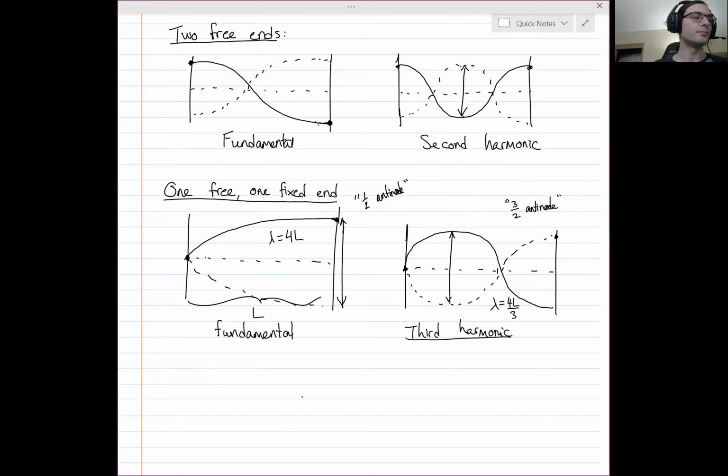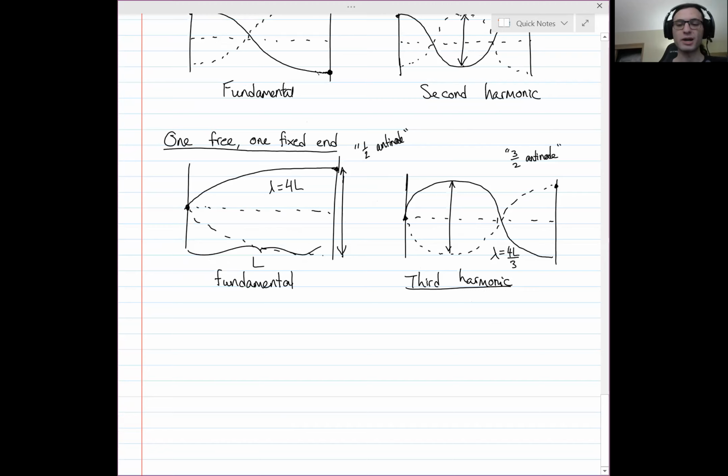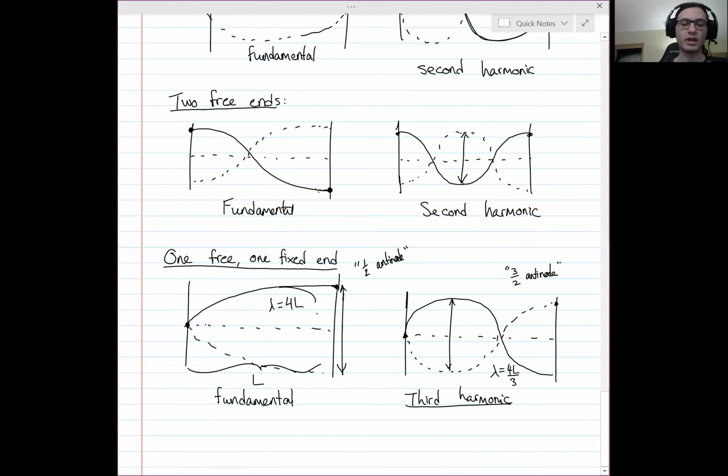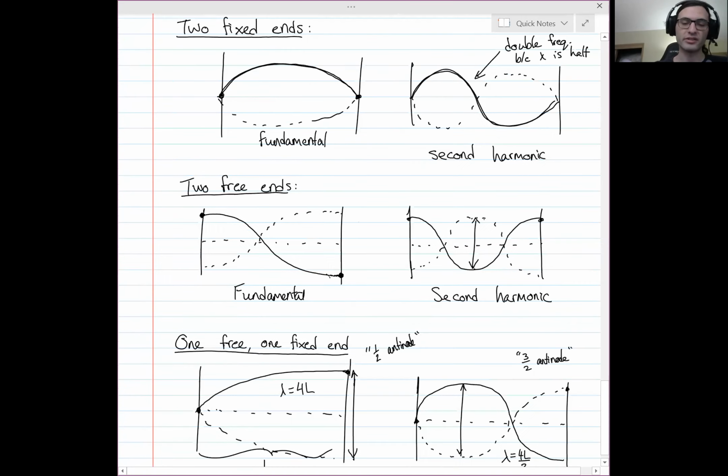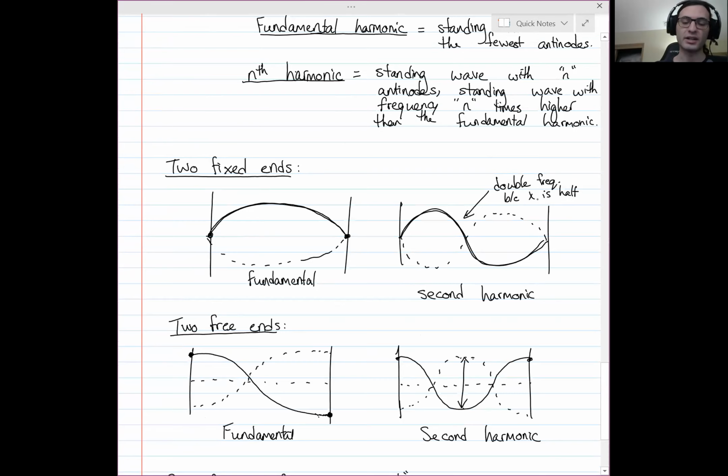Fortunately, there is a formula for figuring out the wavelength of a given harmonic, right? And maybe you figured this out by now, that you take the wavelength of the fundamental and you just divide it by the harmonic number. So in this top case, we had a wavelength that is half as long as the wavelength of the fundamental, and it was the 2nd harmonic.